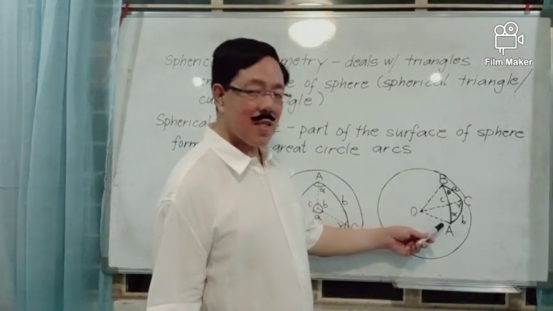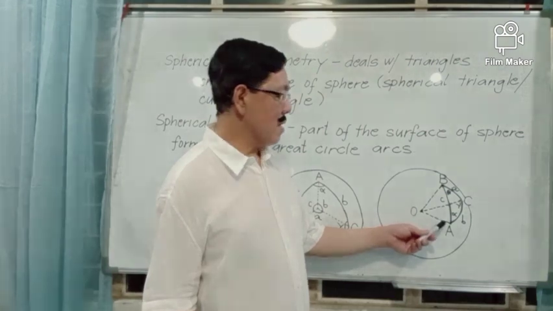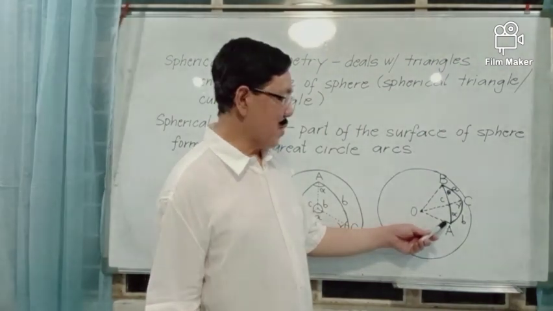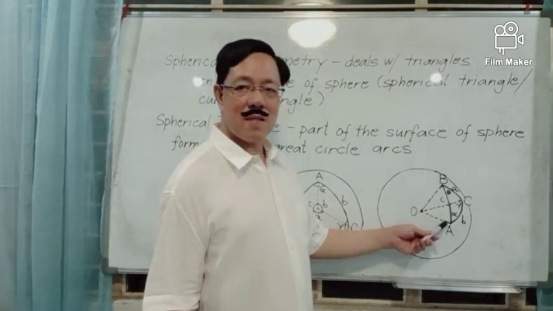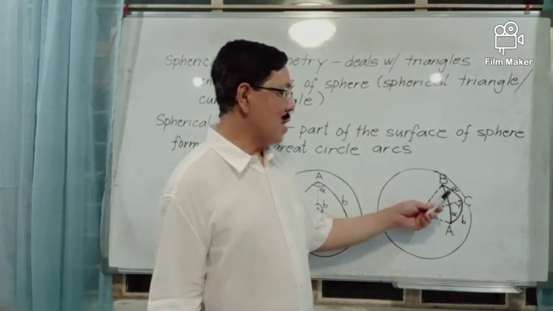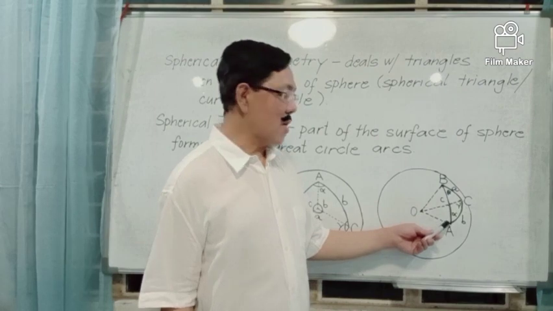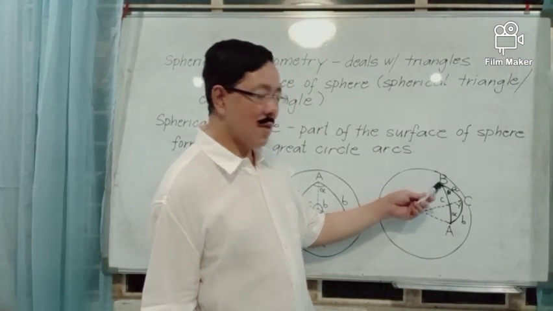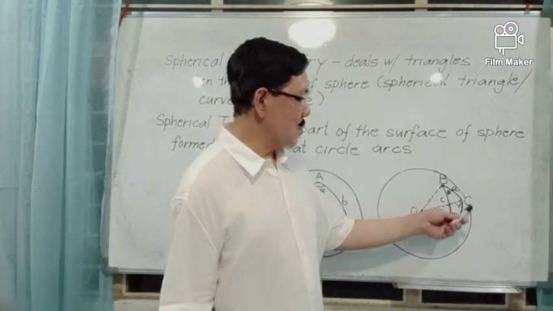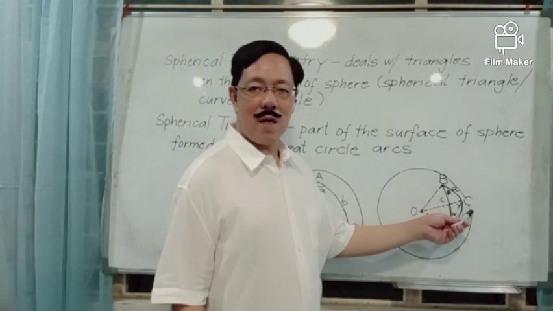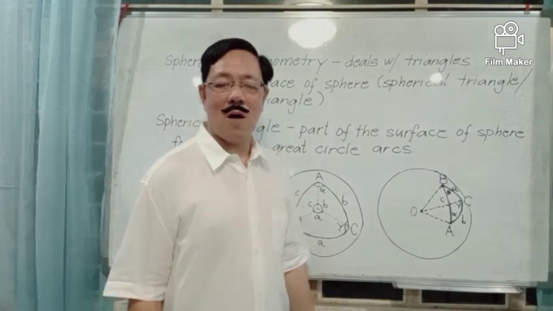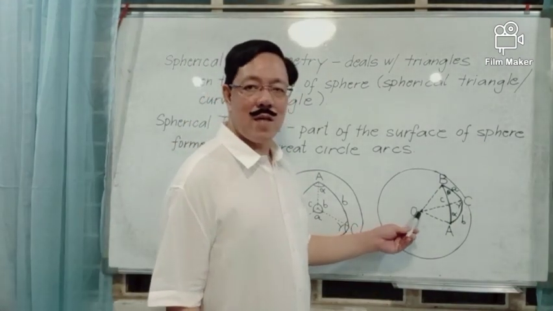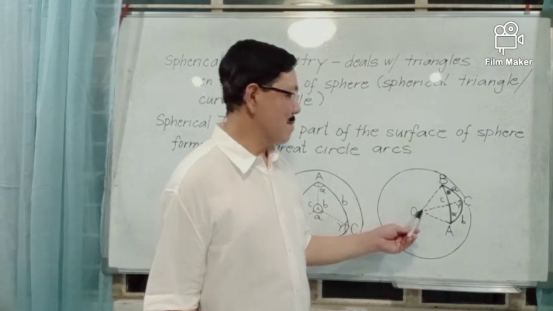The first three parts of a spherical triangle are the angles at each vertex. This vertex A of the spherical triangle ABC is the point of intersection of two arcs, this arc through vertices AB and this arc through vertices AC. And these arcs are parts of two great circles with center at the center of the sphere.